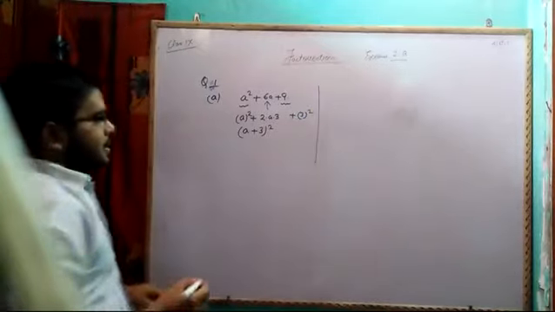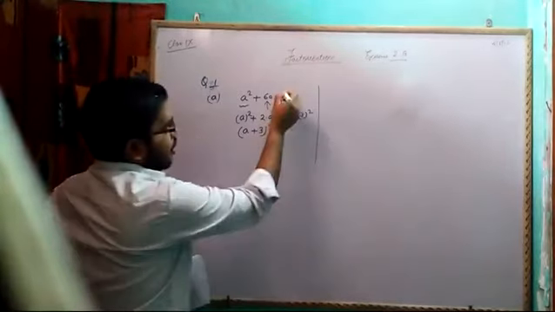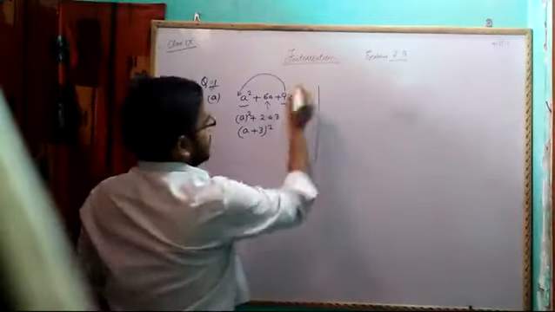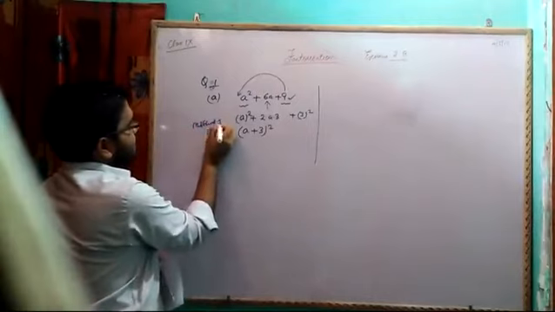The other method is by finding the factors of the constant and the coefficient of a square. This is method 1.